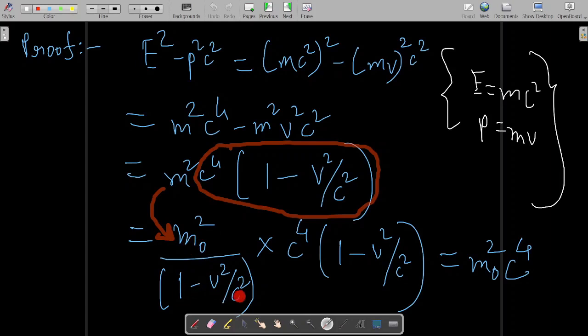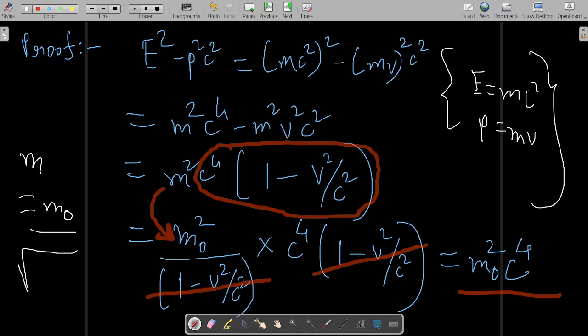Then 1 minus v square by C square in the numerator and 1 minus v square by C square in the bracket cancel. So finally we get m0 square C to the power 4. Instead of m we substituted m0 divided by square root of 1 minus v square by C square.